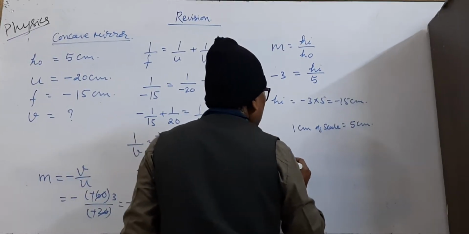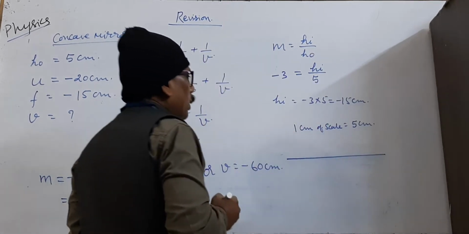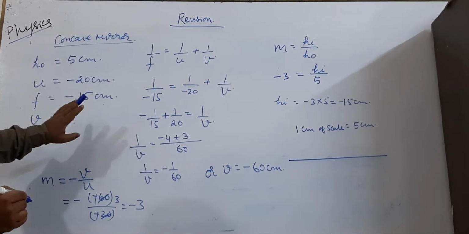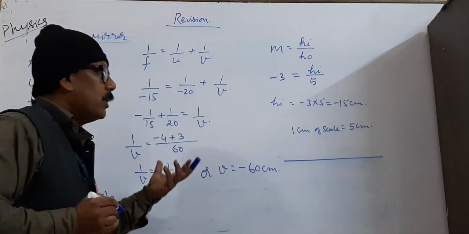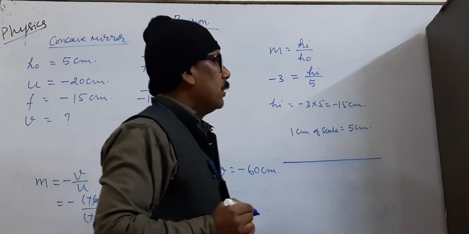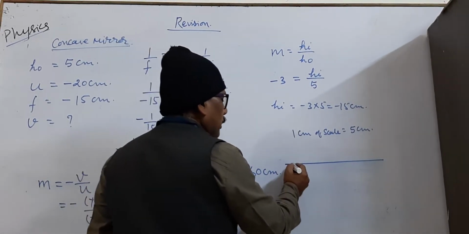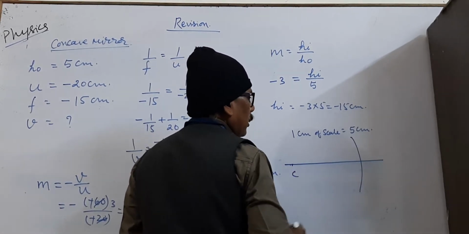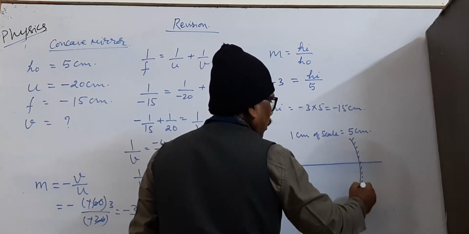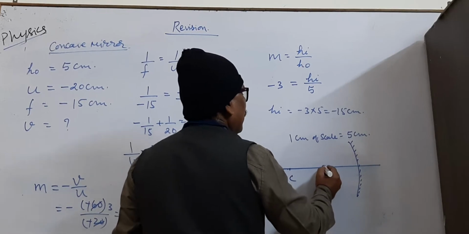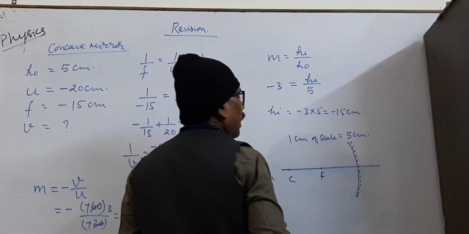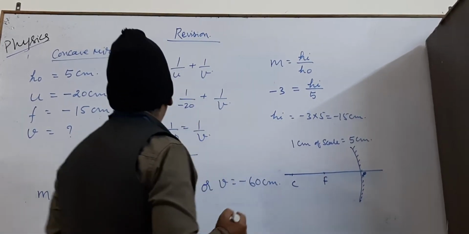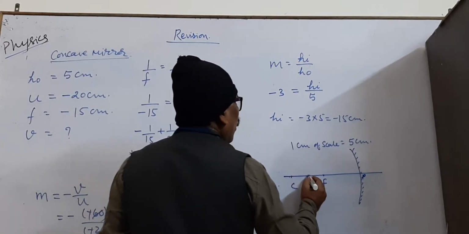Suppose you have to draw the ray diagram, then you take the radius of curvature, center of curvature 30 centimeter, so 6 centimeter you will take and keeping the compass at 6 centimeter you will draw an arc, that will be the C. Just half of it, meaning 3 centimeter, there will be F, this will be P, and object is placed at 20 centimeter, meaning at 4 centimeter.